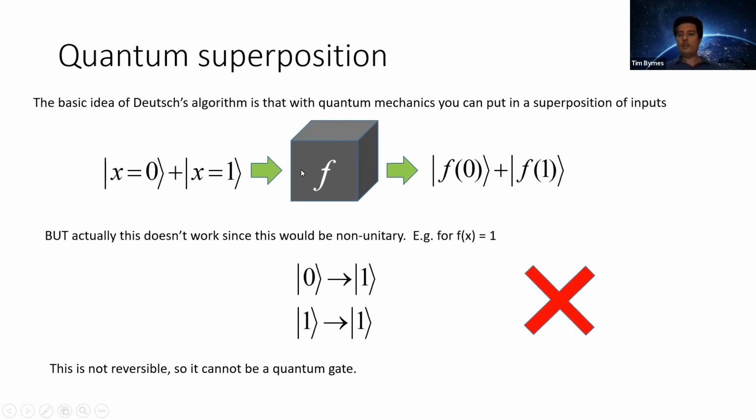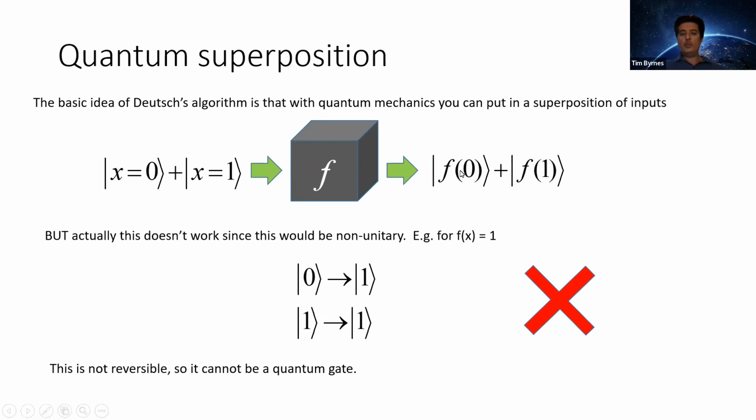But if the oracle is a quantum device, then you're able to put in a superposition state, and by the laws of quantum mechanics, if you put in a superposition, then you also get a superposition out. This is the big trick in the quantum case. Classically, there are no such superpositions, so we don't have the opportunity to do this.